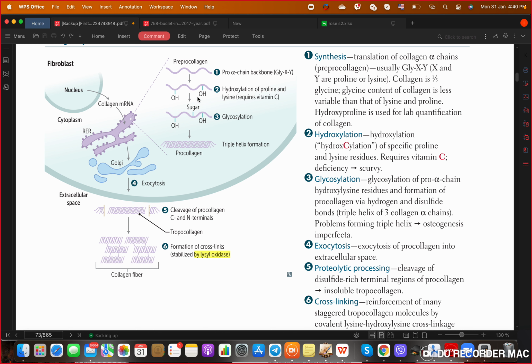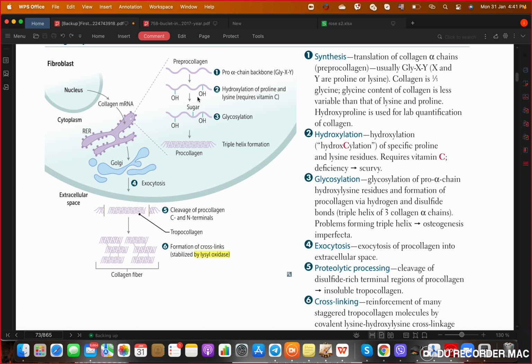But the process of glycosylation, which is adding a sugar, only happens at the hydroxylysine, not at the hydroxyproline. So one less. So in the second step we have hydroxylysine and hydroxyproline. In the third step, glycosylation is only at hydroxylysine. That's it. Not hydroxyproline. Yep.